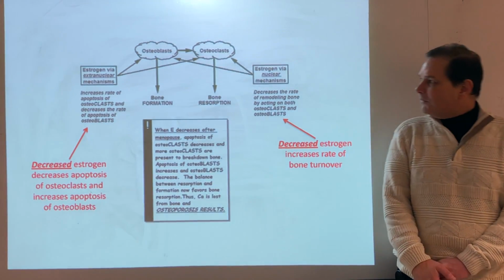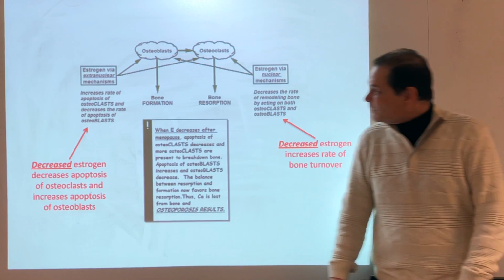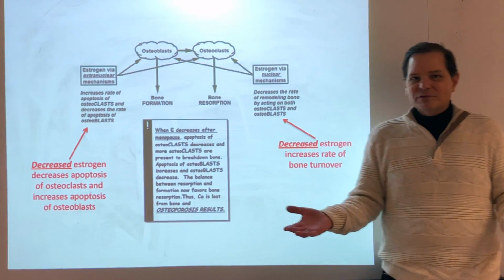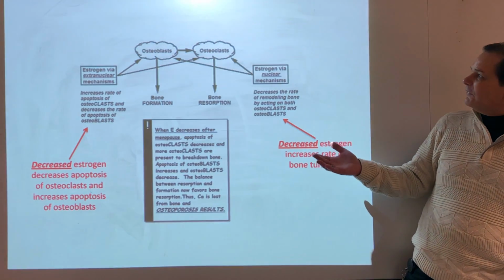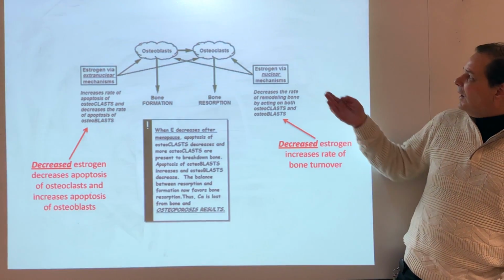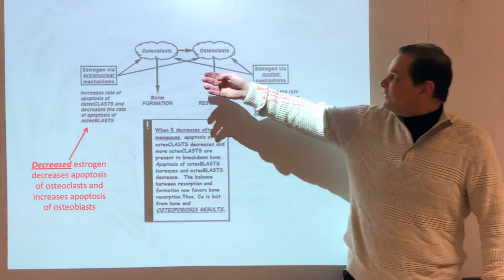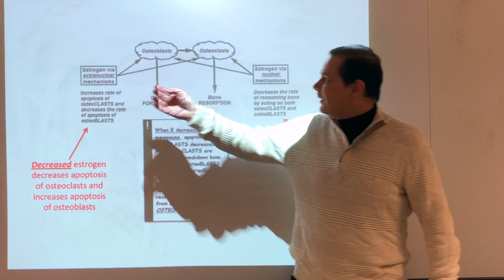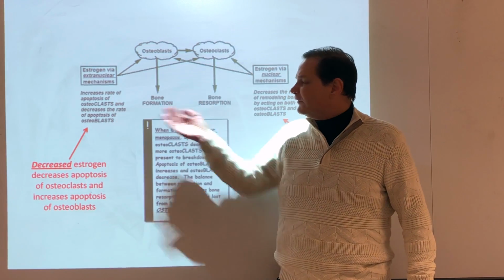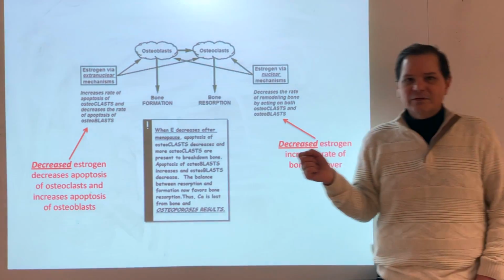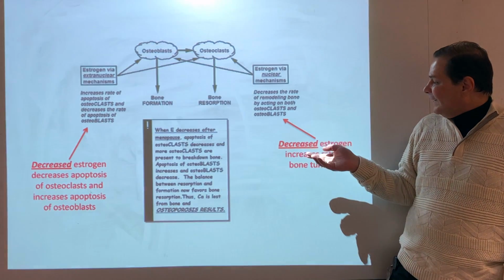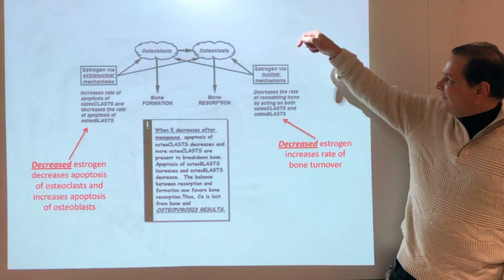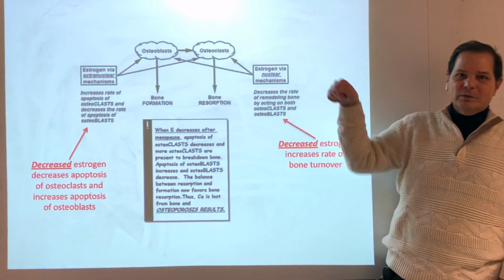So let's talk a little bit about estrogen. We have two things going on with estrogen. Estrogen binds receptors in the nucleus of osteoblasts and osteoclasts, and it binds to receptors in the cytosol in osteoblasts and osteoclasts. Okay? In the nucleus, when it binds, it decreases the rate of bone turnover.